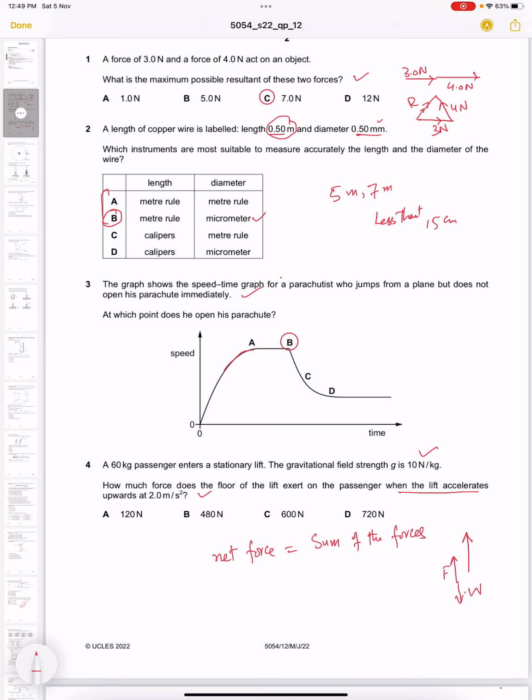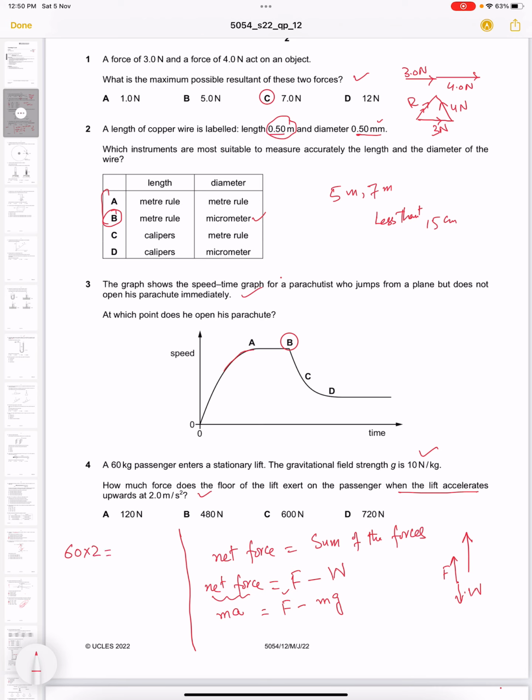So the net force in this case will become F, the force applied by the lift, minus the weight of the passenger. And we know that net force is equal to ma. So ma is equal to F minus mg, as we know that W is equal to mg. Here we have to find this F. By using values, ma means mass multiplied by acceleration: the mass of the passenger is 60 kg multiplied by acceleration 2.